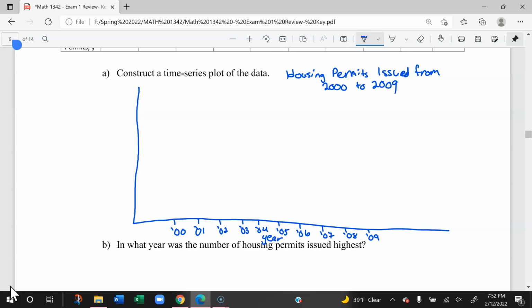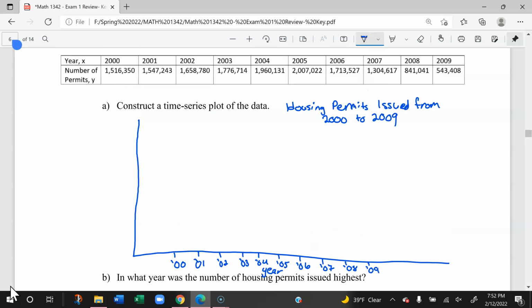And so here's 2009. Then I'm going to look up here and notice how all of these are in the 1 millions. These are in the 100,000s. So I'm going to say over here, these are number of permits, and I'm going to say that these are in 100,000s.